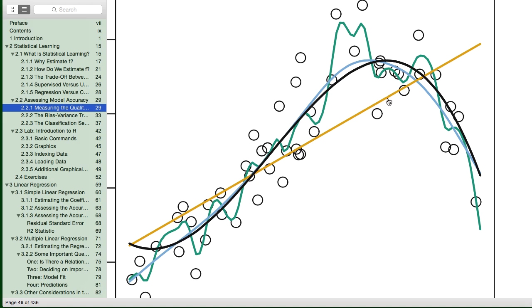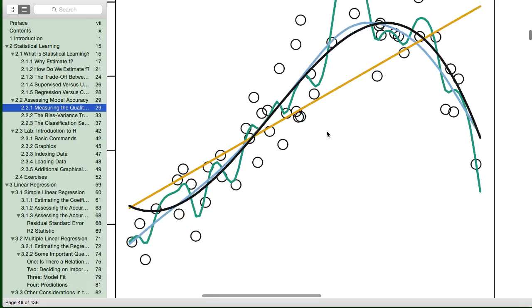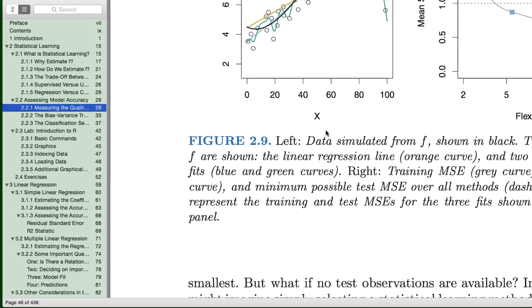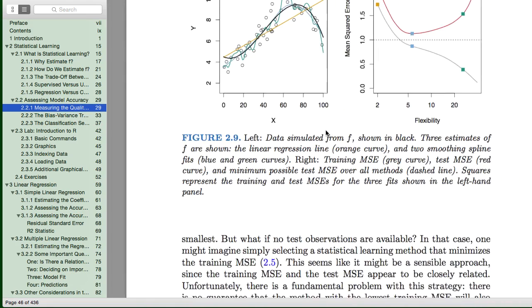So the orange line, I'll go with their terminology, is a least squares line. This is what we would get using simple linear regression. These other two are both spline methods, I think. Two smoothing spline fits.